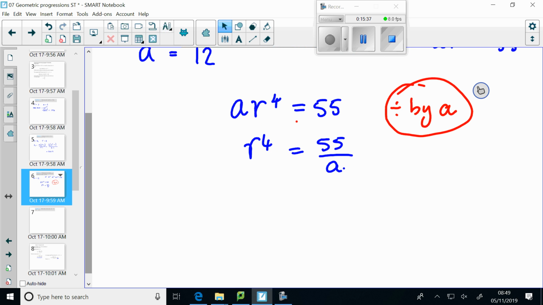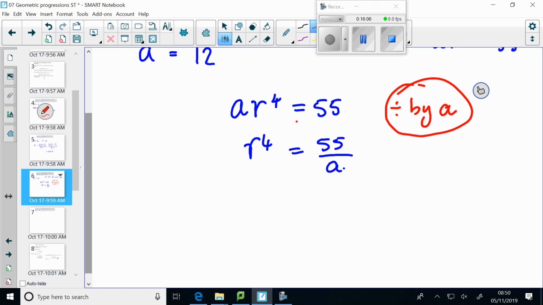How do we get rid of the power of 4? How do we cancel the power of 4? Not cube root, the 4th root. Because we cancel a square by a square root, we cancel a cube by a cube root, so we must cancel the power of 4 by the 4th root.